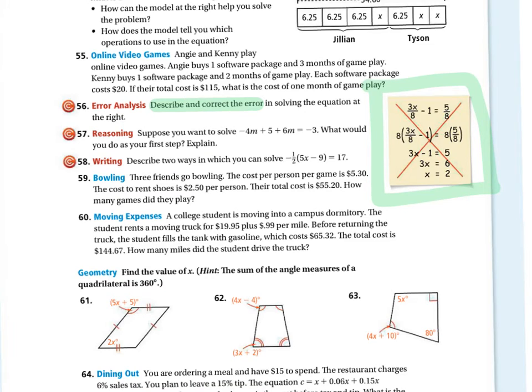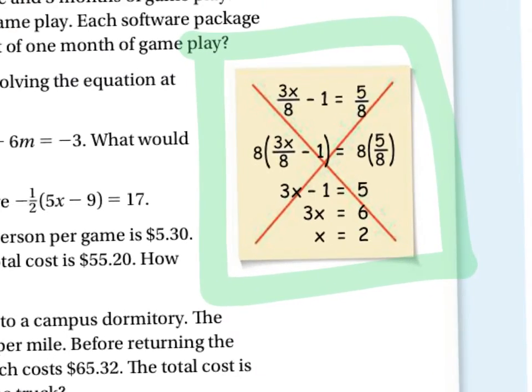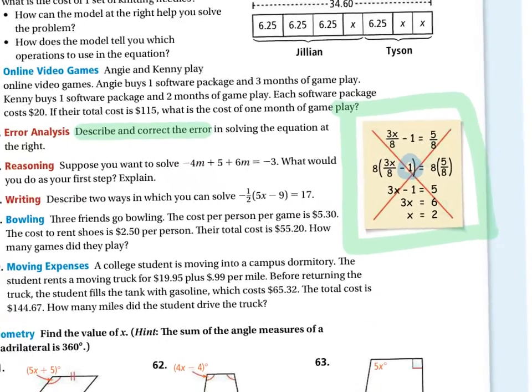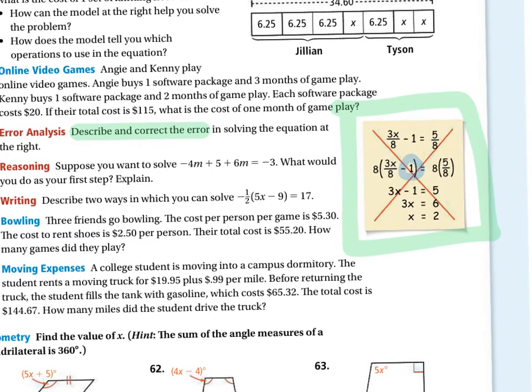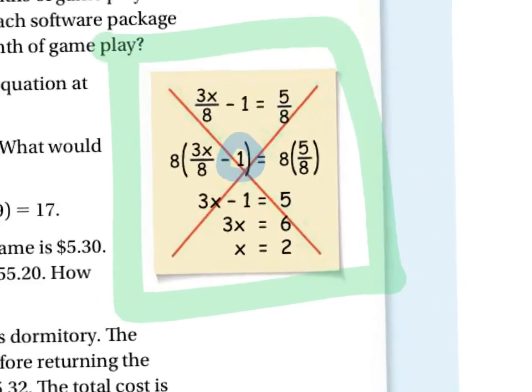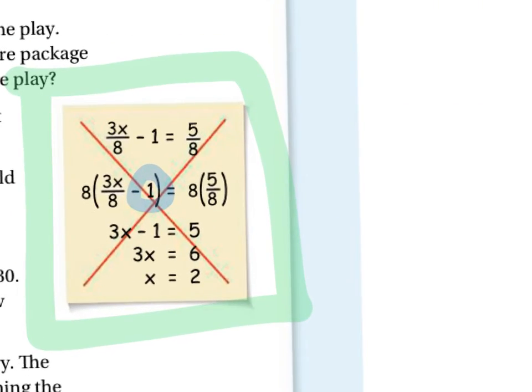What they're trying to show is that they're multiplying everything by 8 here. But we know that if we were to multiply by 8, that one would need to change, right? What I always recommend to students is, when you're given a problem like this where you've got to figure out where someone's made a mistake, a lot of times it's just as easy to work it out yourself and then see the mistake as you're working it out.